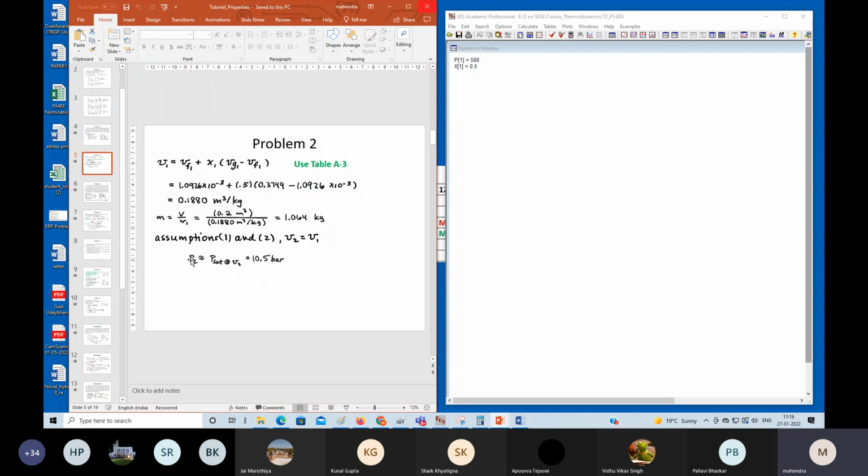Then, to find the pressure when we solved the problem, we took the data table at this particular specific volume, assuming saturated steam, and found the respective pressure. If it came by interpolation, we calculated it by interpolation.